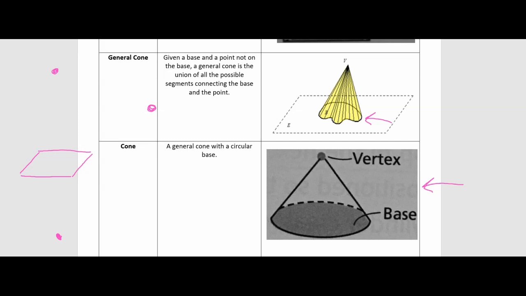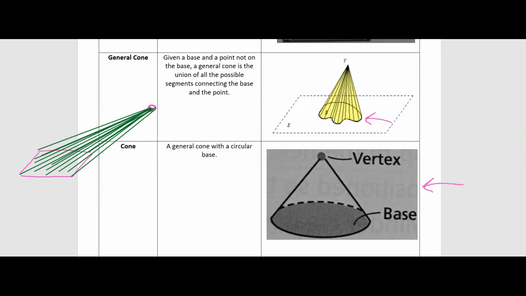So if I pick any of these points, I'll choose this wacky one over here. If I connect this point to every possible point on the base, not just the corners and not just the edges, but every single point that's inside of that rectangle, I would eventually have a cone.